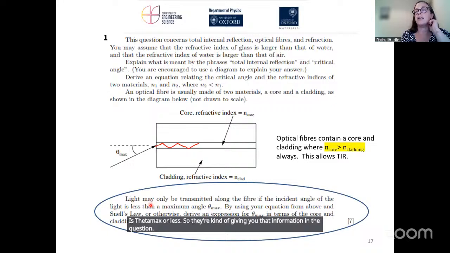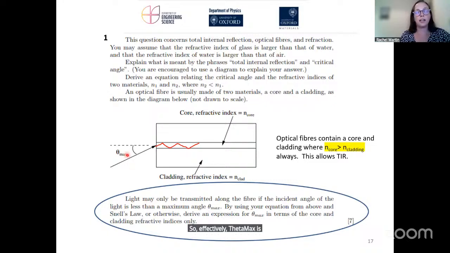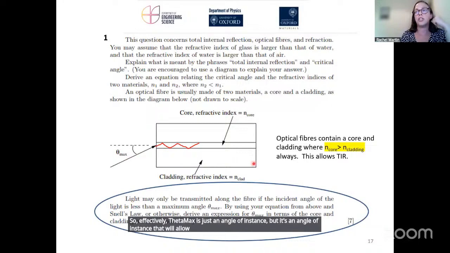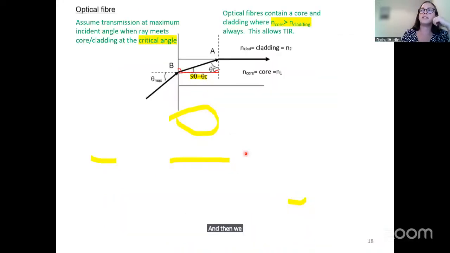So effectively, theta max is just an angle of incidence, but it's an angle of incidence that will allow my ray to reach the other end. And then we simplified the problem solving.